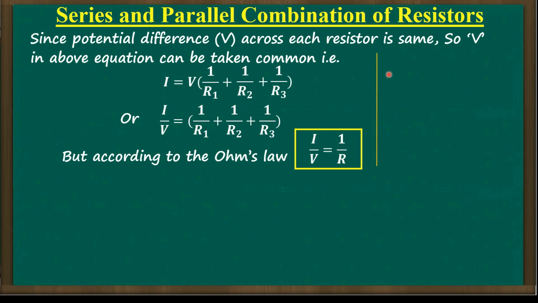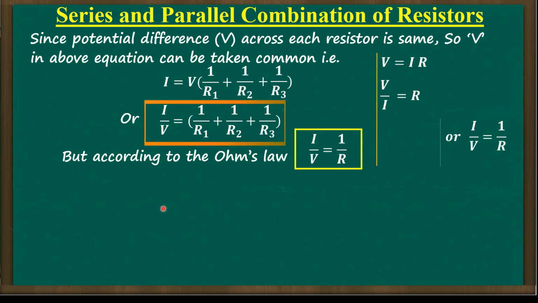We know that according to Ohm's law, potential difference V is equal to current I times resistance R. If we shift this I to the left hand side of the equation, we get V divided by I equals R. Now, if we move this current I upward and potential difference downward, then we should also move R towards the denominator. That is, current I divided by potential difference V equals 1 upon R.